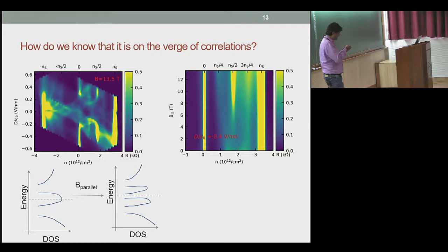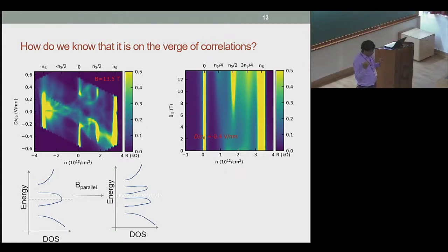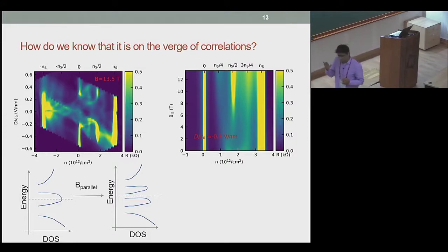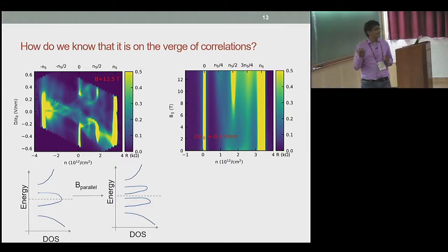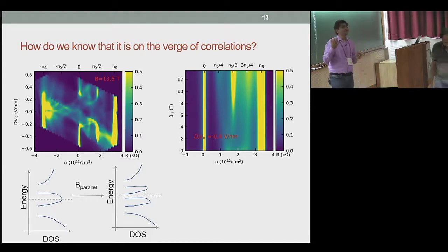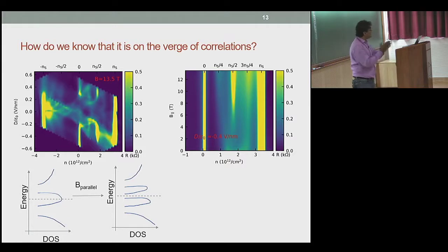As you apply an in-plane magnetic field, you basically polarize the system, and the gaps that are incompletely formed fully form. At zero field, you don't see any signature. That's right, that's what is different. I think a somewhat related measurement has also been seen, maybe by Philip Kim. So the twist angle is the key thing. Depending on the twist angle, you may not have the gaps formed at zero magnetic field, but you can coax the correlations to develop with an in-plane magnetic field.